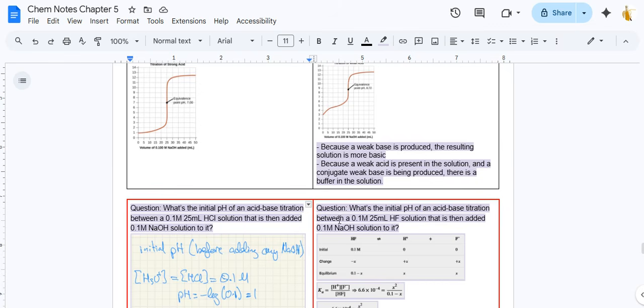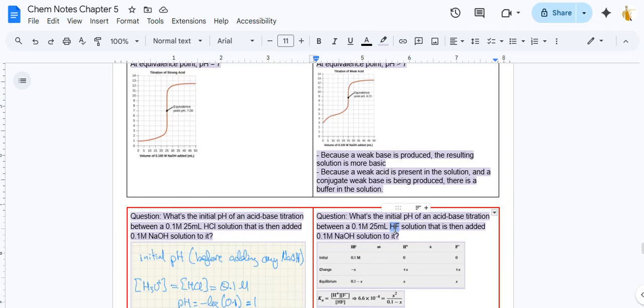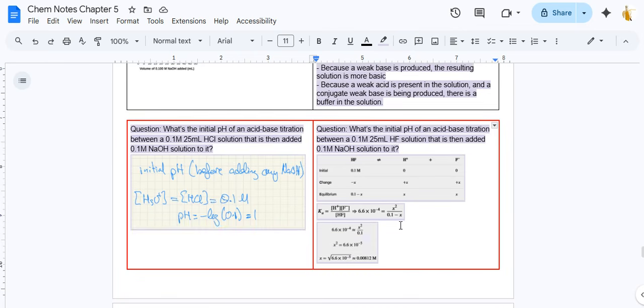Now if the same thing is asked for the initial pH, but now it's asking for a weak acid, then you need to do ice tables. And I put the process here.